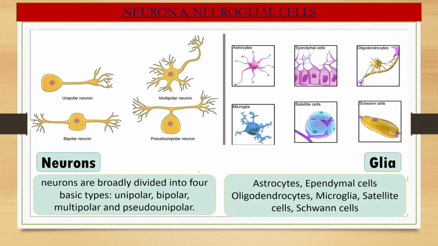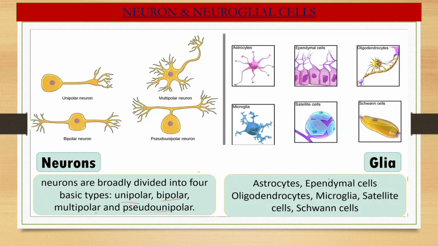Now let's know the various types of cells which are present in neurons and the various types of cells present in glial cells. Neurons are broadly divided into four types. These neurons may be unipolar, bipolar, multipolar, or pseudo-unipolar.